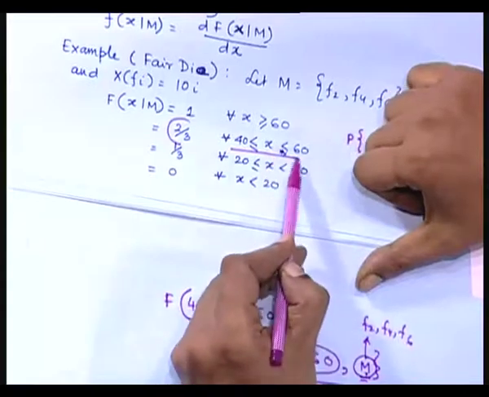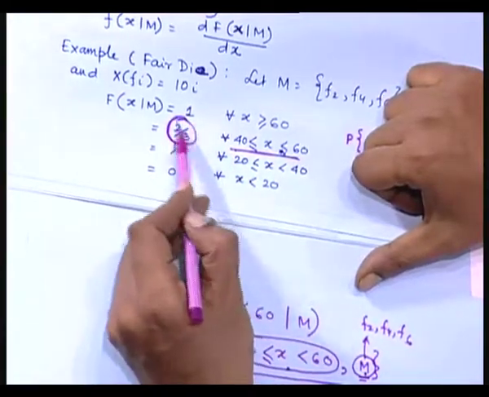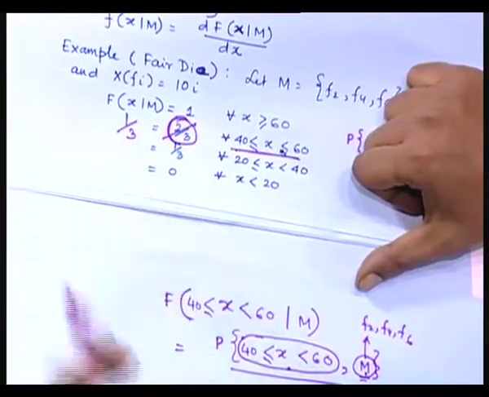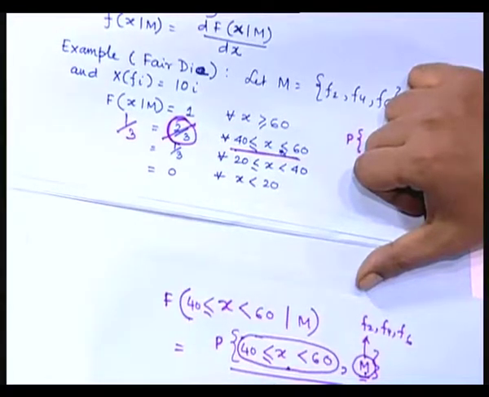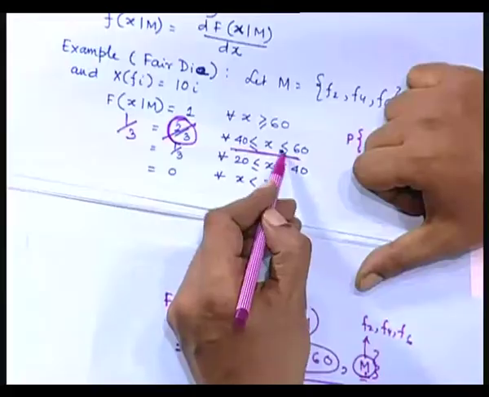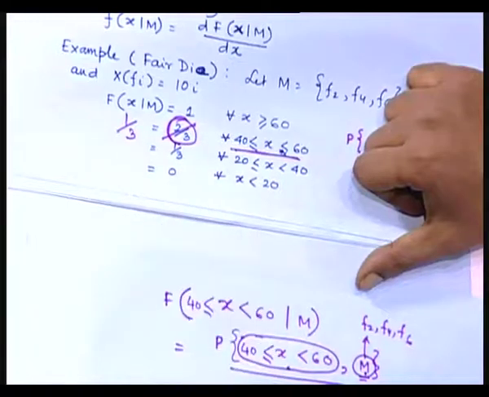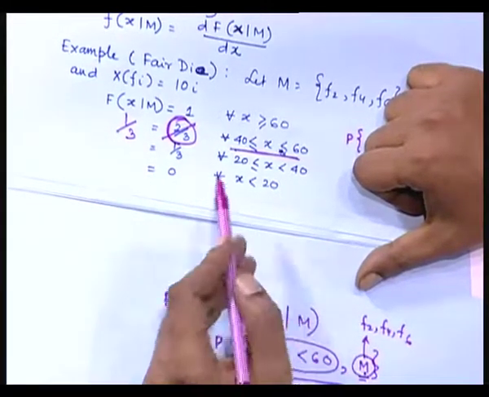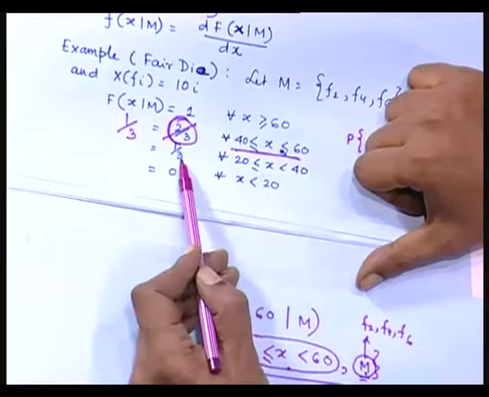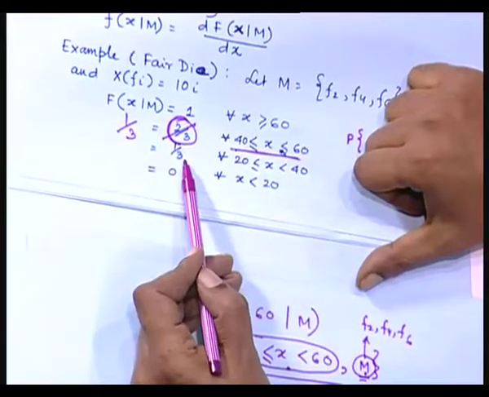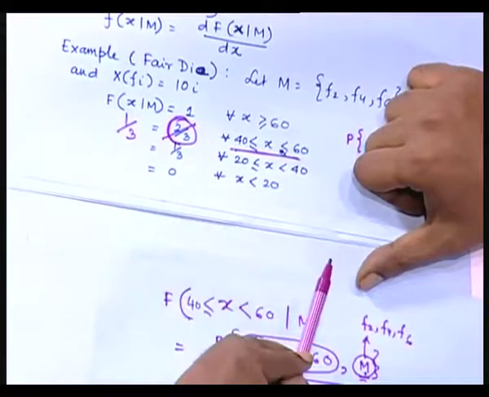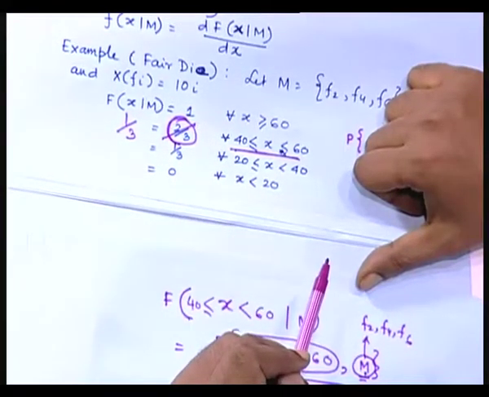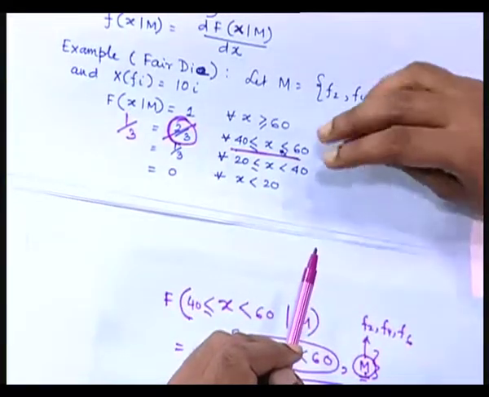If this is the case, this should be 1 by 3. If I include this as equal to, it will be 2 by 3, right. So similarly this is going to be 1 by 3, and this will be 0. Agreed?